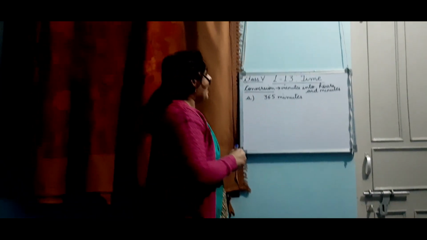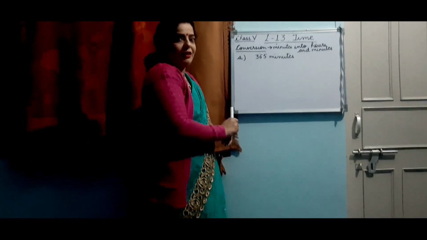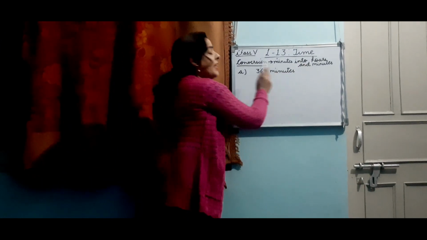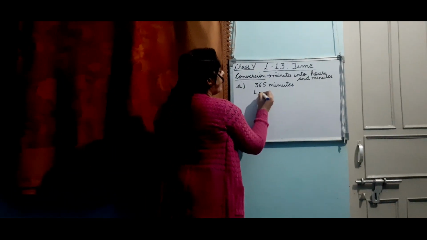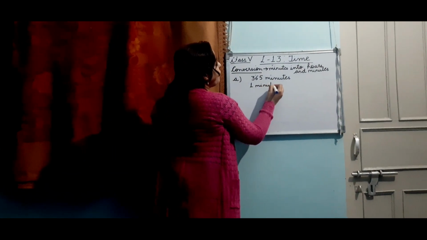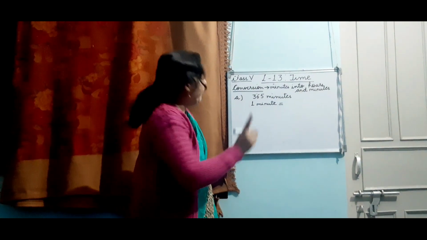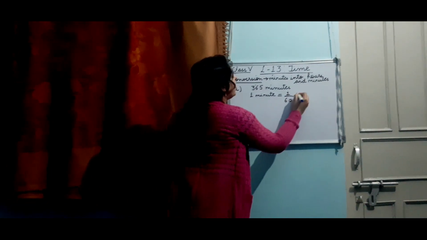We can decide that by looking at the unit given in the question. Now in the question, minute is given, and out of the 2, minute is smaller. So whenever the smaller unit is given in the question, it clearly means that we are going to write the formula using upon. So 1 minute is equal to 1 upon 60 hour.